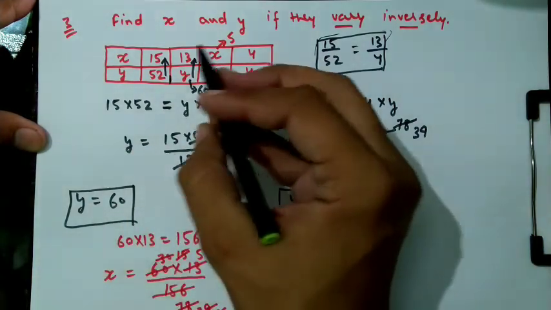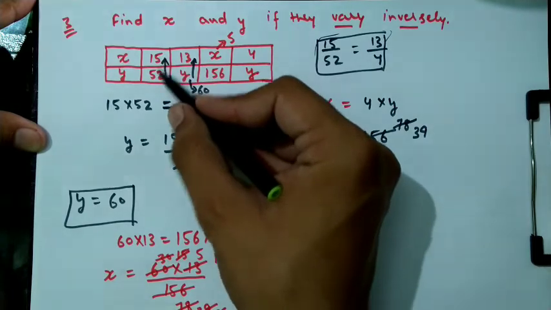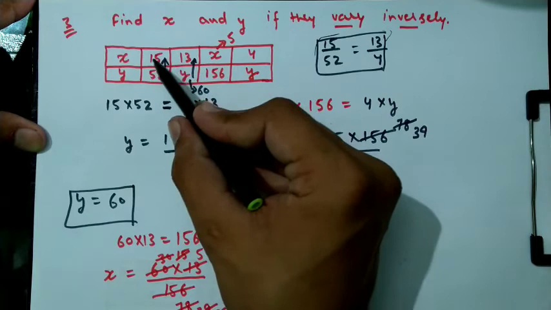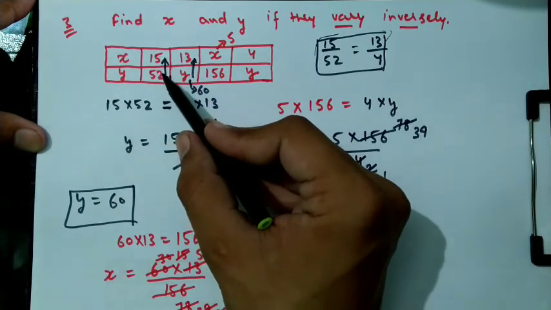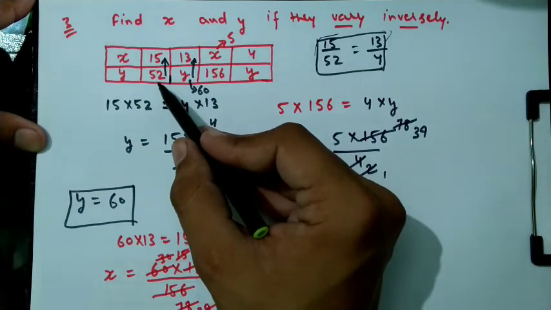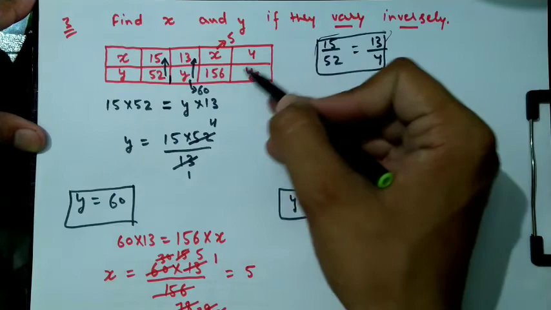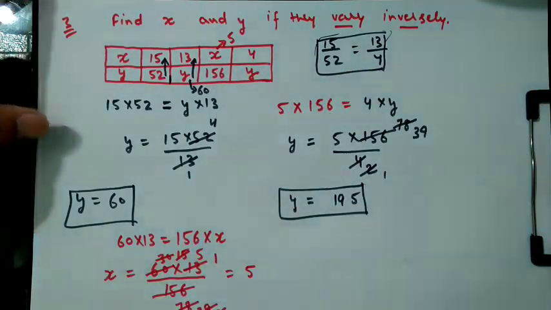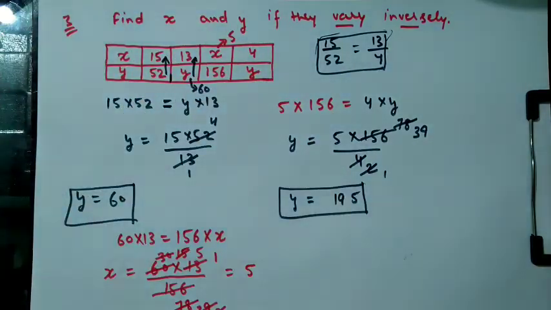You can cut 15 by 3, but you can't cut 52 by 3. So here you will get different ratios, not the same ratio as in direct variation. This is the difference between direct variation and inverse variation, right?